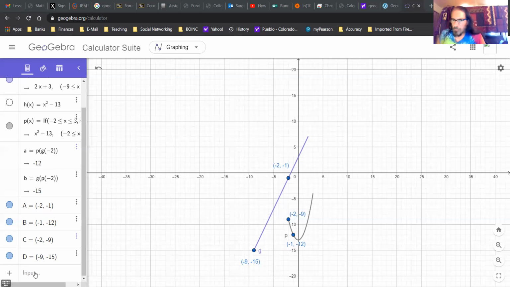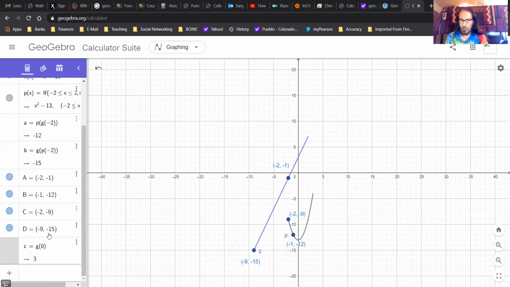Now, real quick here also, if I were to put in, say, 0 into g, it's telling me put in x equals 3 into p.